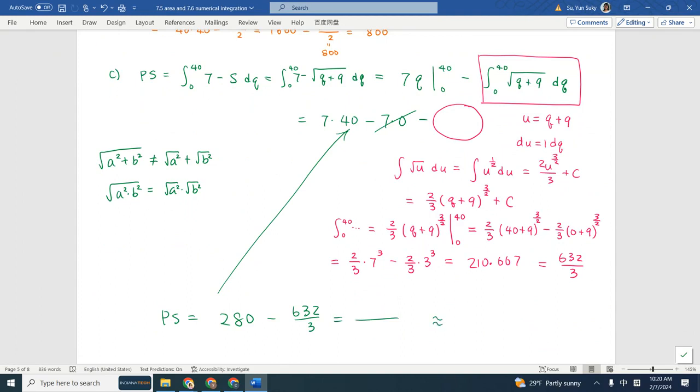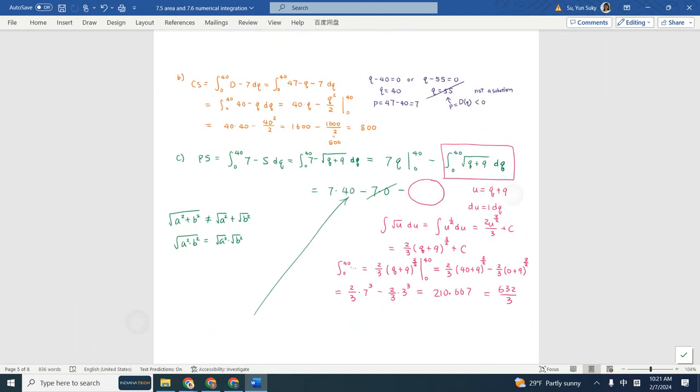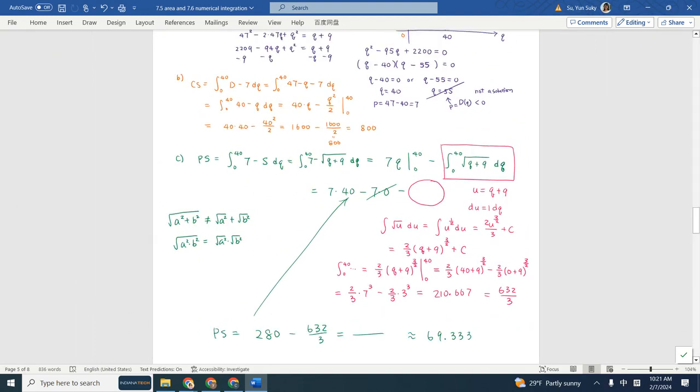If you could, round to 3 decimal places. 54. Thank you. Oh, 33. Is it 33? Oh, yes, it is. Okay, everybody? Yes. So this is the consumer surplus and producer surplus.